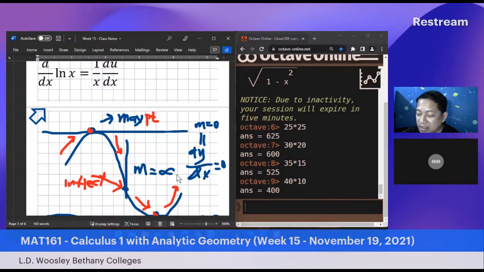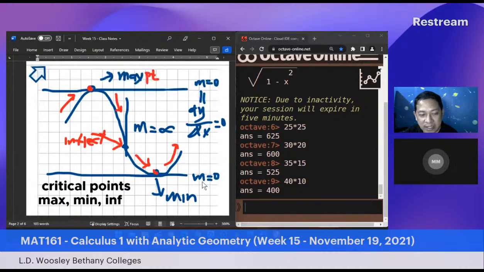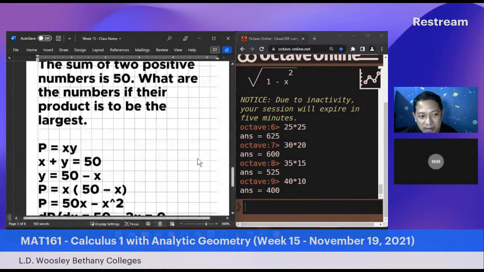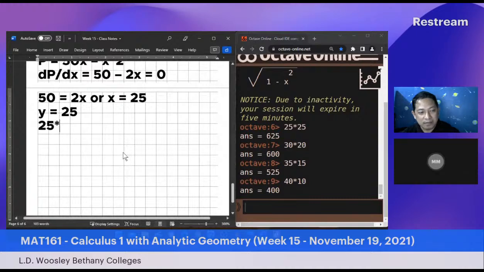Kasi pag hindi 0 ang slope, it could be other values. But that is not minimum or maximum at all if the slope is not equal to 0. Okay? Make sense? So yan yung graphical explanation dyan. Okay, another. Ayan, napatunayan na natin dito, no?